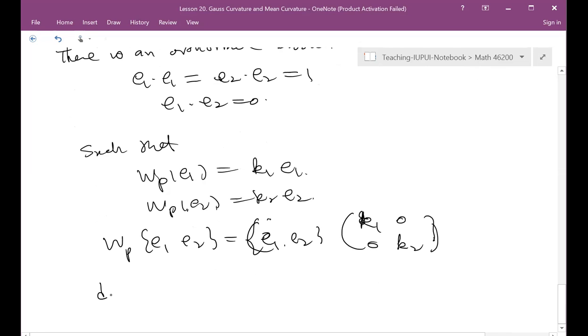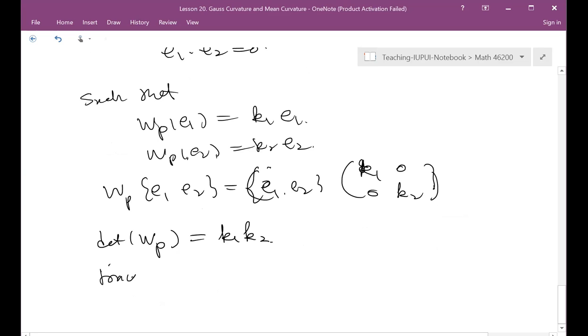So in this case, the determinant will be K1 times K2. The trace of W P is K1 plus K2. The trace, just add them together.